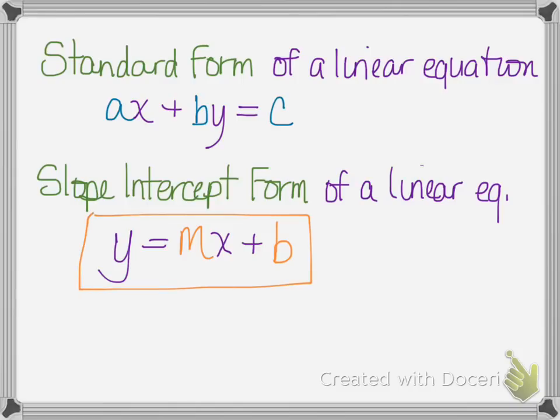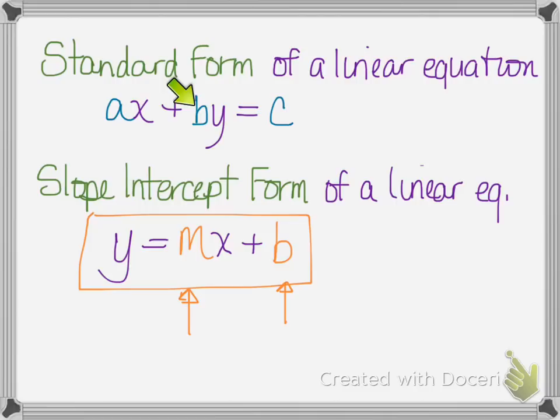Okay, so in the last lesson we saw that when we put the linear equation in this form, it's really nice because we can immediately know what the slope is, and we can immediately know one point, which is the point where it crosses the y-axis, and that would be the value of b. Now remember, I want to point out again that the b in the standard form and the b in the slope-intercept form don't have anything to do with one another. They're only related algebraically, so they are not the same number, so you can't use this b when we're in standard form.